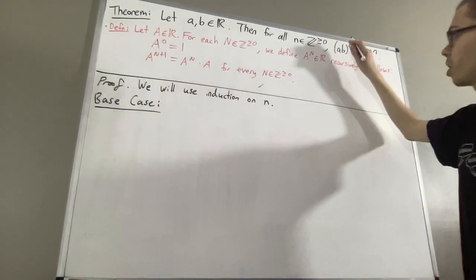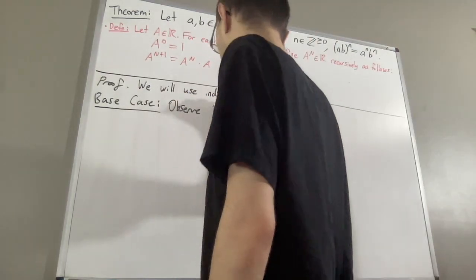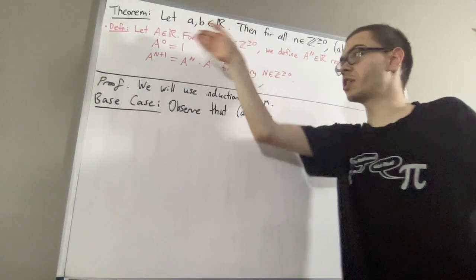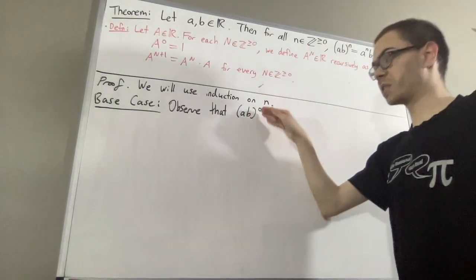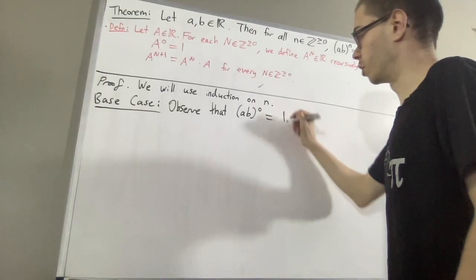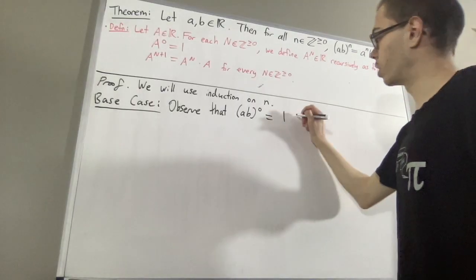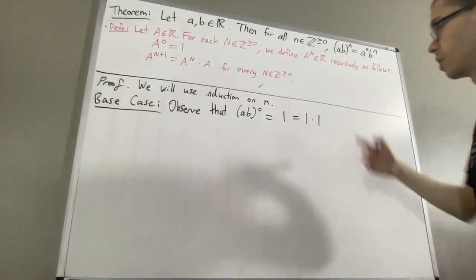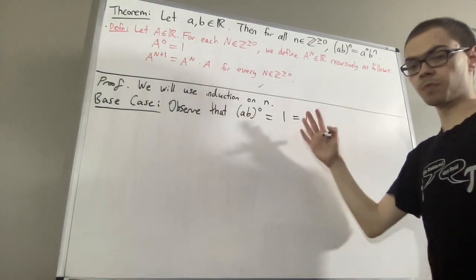So let's write out the left-hand side. We have (ab)^0. Now, according to our definition, any real number to the power of 0 is equal to 1. So (ab)^0 is equal to 1. Well, then we can express 1 as 1 times 1. And any real number to the power of 0 is equal to 1.